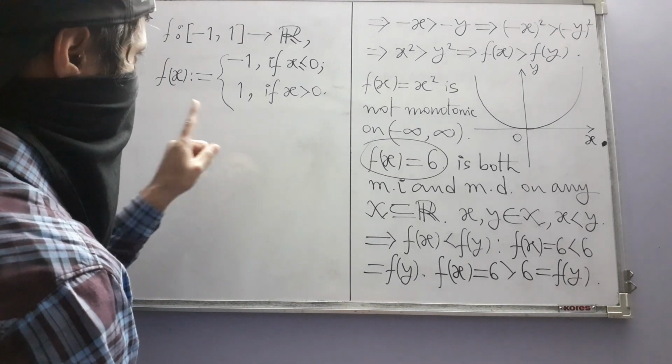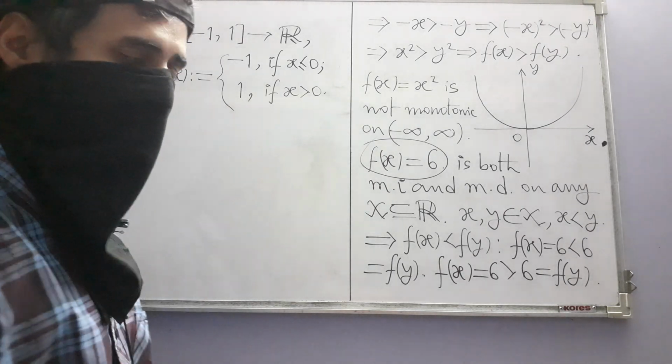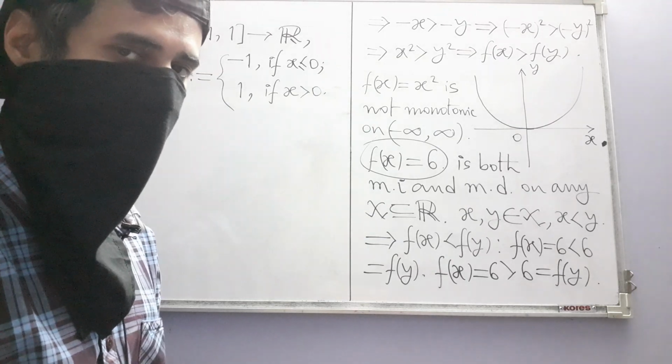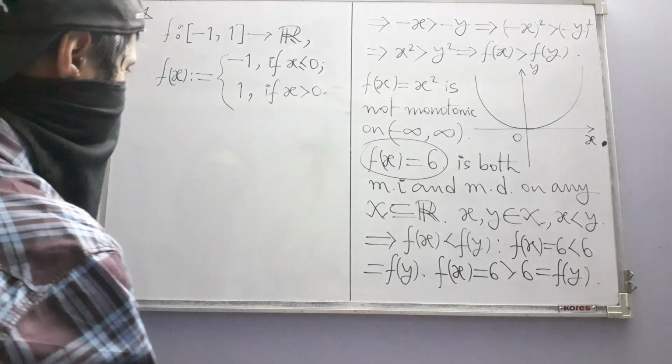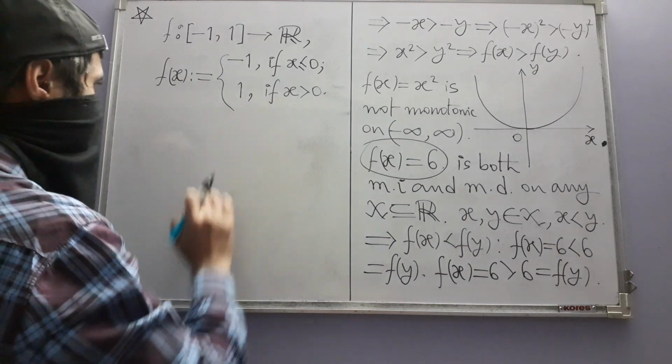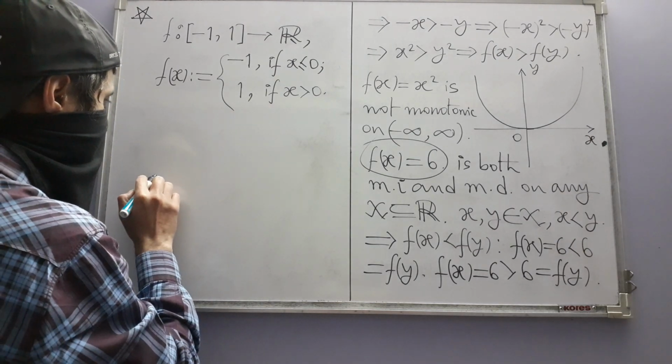Now, why is this function monotonic? It is in fact monotonically increasing. Why so? To see that quickly, you just see what its graph is.